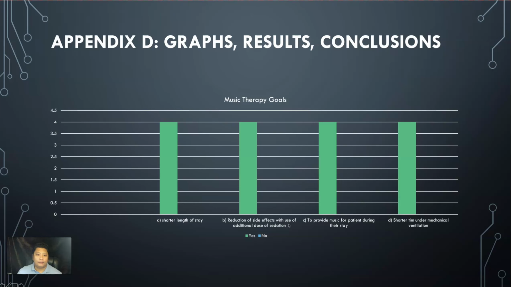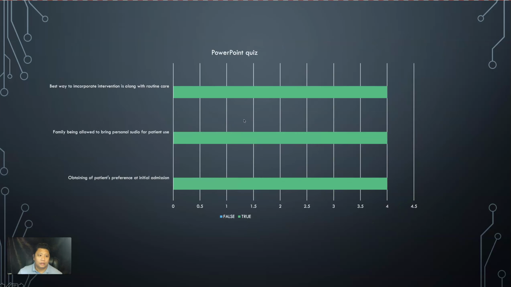The next graph was the music therapy goals, which is question number 1 from the sample survey, and all of them answered all of the above, and they got it all correct. And this is another PowerPoint quiz about the best way to incorporate the intervention along with routine care.